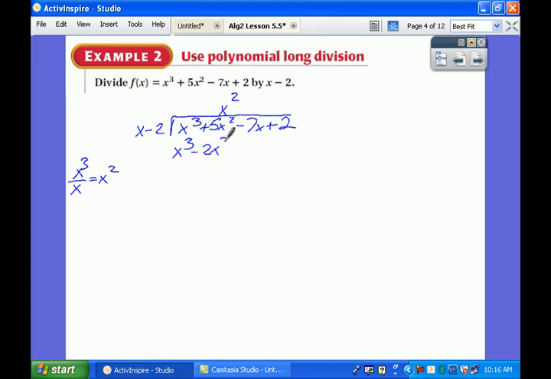Now we multiply. X squared times x is x cubed, x squared times minus 2 is minus 2x squared. Now we subtract. Subtraction means changing the signs. So x cubes cancel. 5x squared plus 2x squared is 7x squared. And I bring down the minus 7x. Now the process repeats.